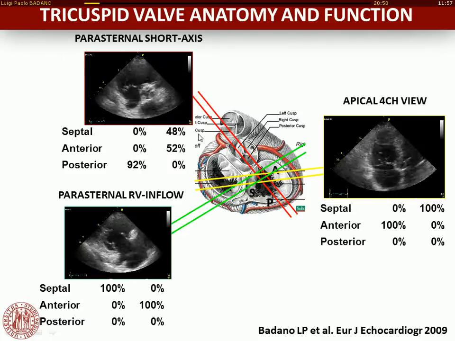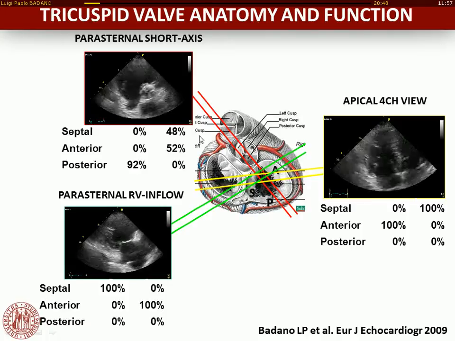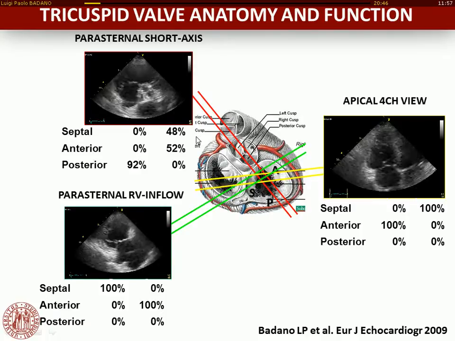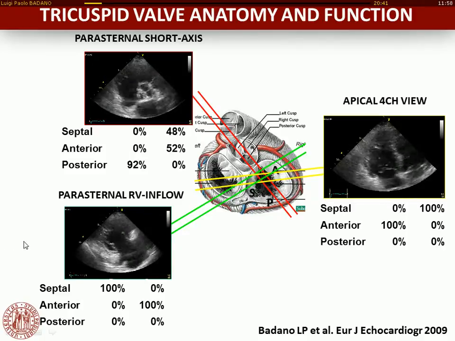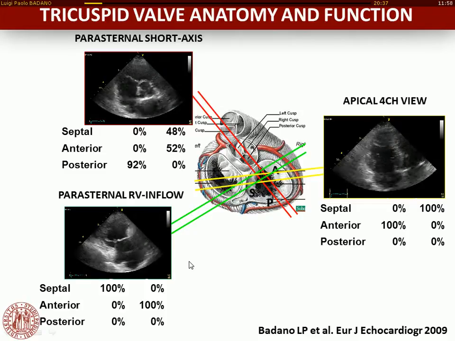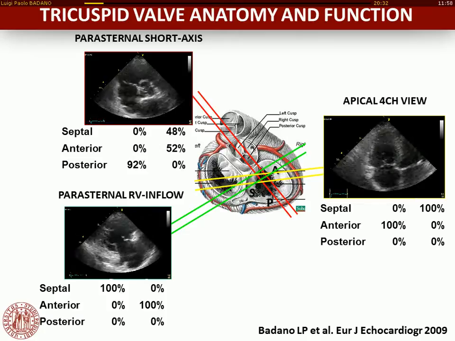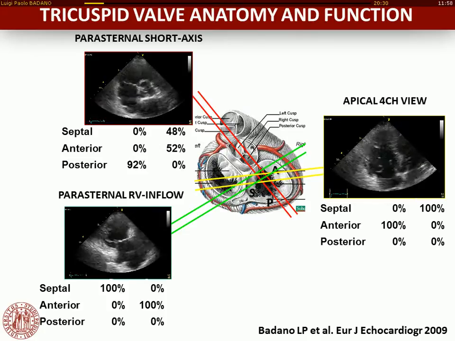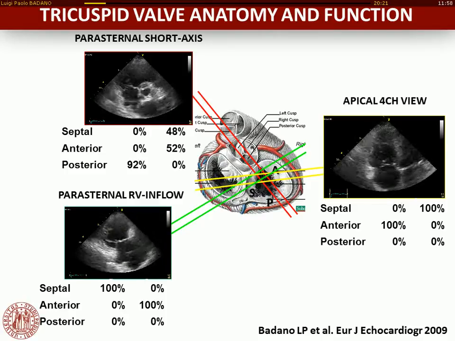It doesn't matter if you approach it by transthoracic or transesophageal approach, and it doesn't matter which view you use, you are almost always able to see just two leaflets. And sometimes the exact leaflet that you are looking at is not so certain, and you have to sweep your probe backward and forward to realize that.